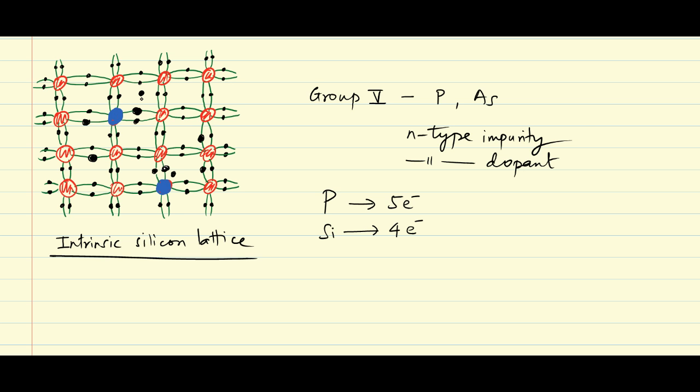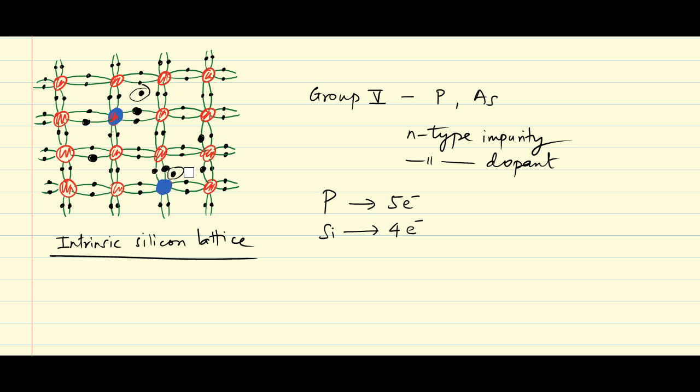Now you should note that before it got liberated, this particular electron did not belong to any bond between the phosphorus and the silicon atoms. So to make the point clear, you look at this electron. Although it is still attached loosely to its parent phosphorus atom, it's not taking part in any sort of bond formation between phosphorus and silicon.